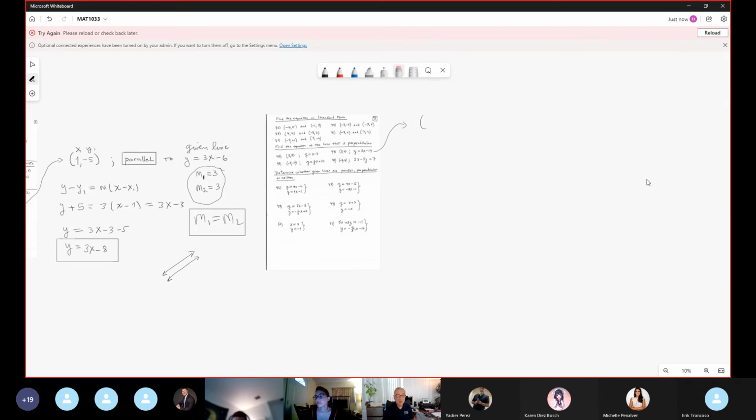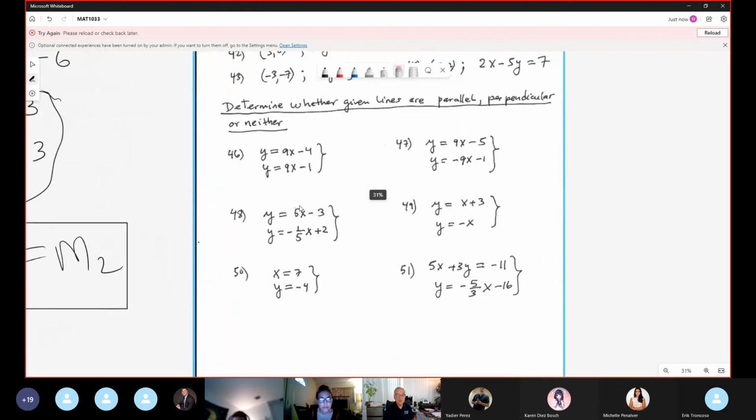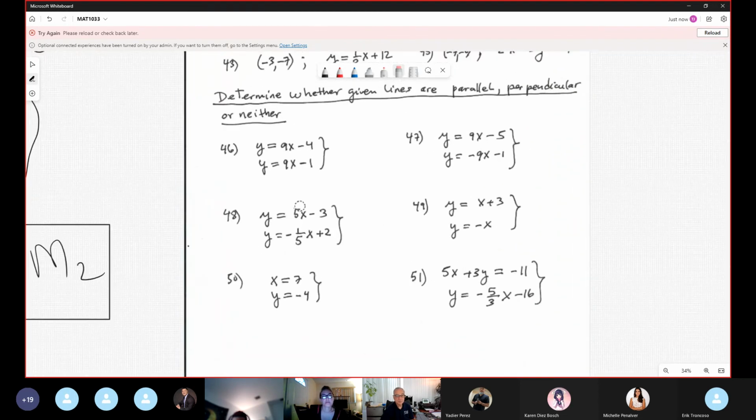Suppose example 46. What do you think, looking? Is it parallel, perpendicular, or neither? Neither. What is the slope of the first line? 9, no?